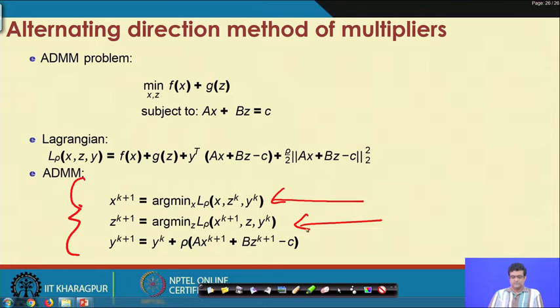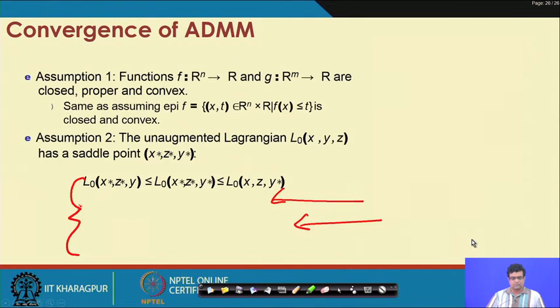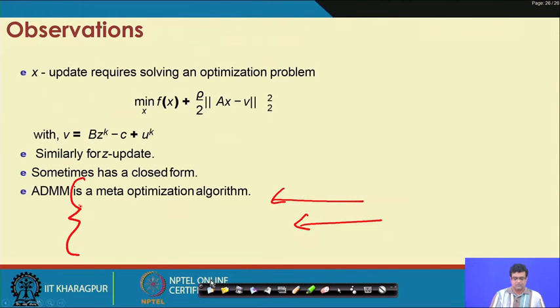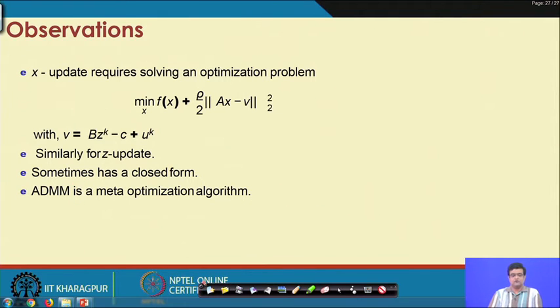So, this is a typical case with the ADMM algorithm, that it is called a meta optimization algorithm. The X update requires solving an optimization problem. Similarly, the Z update requires solving another optimization problem.